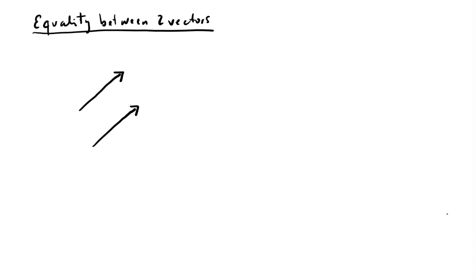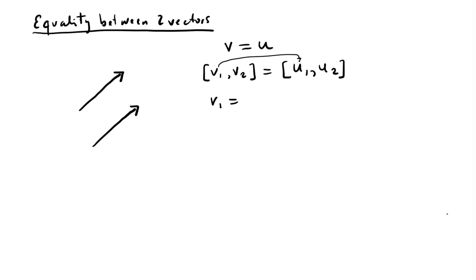Algebraically, what does it mean if I have a vector v equal to a vector u, and we're in two space? That means that if I write them with their coordinates, v1 v2 is the same as u1 u2, and the two vectors are going to be equal when each component matches the one you find on the other side.